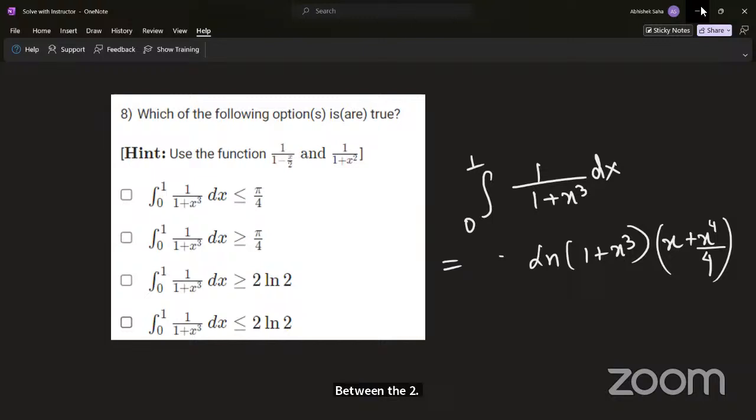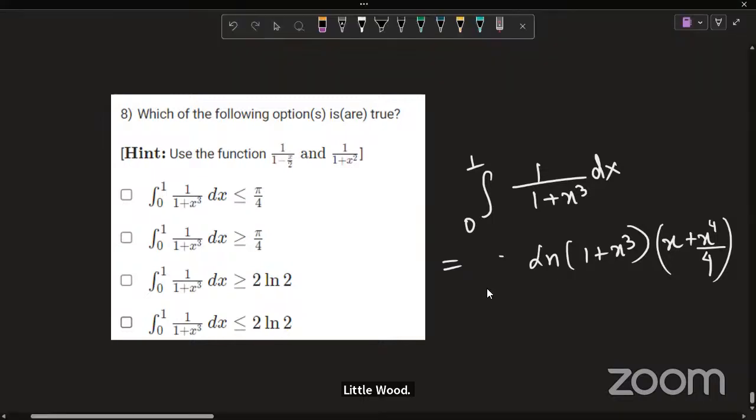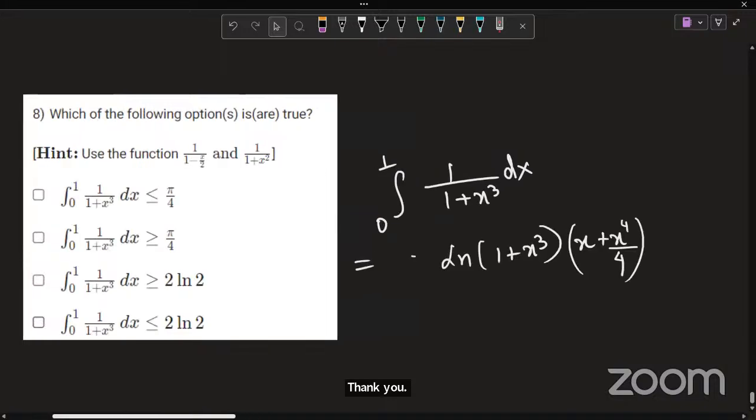I'm just checking what will be the value.